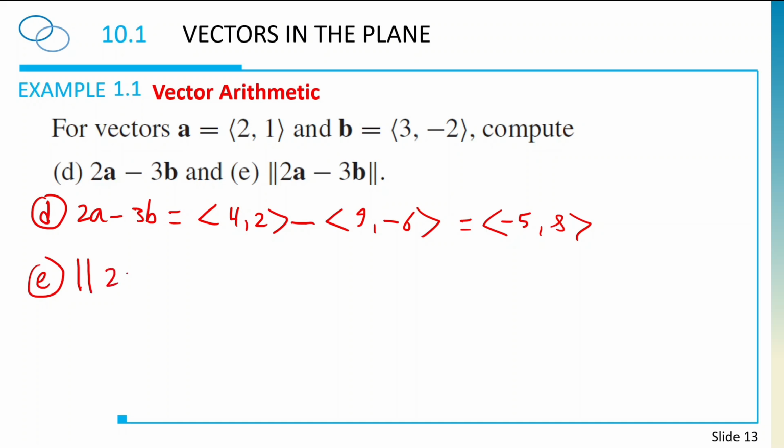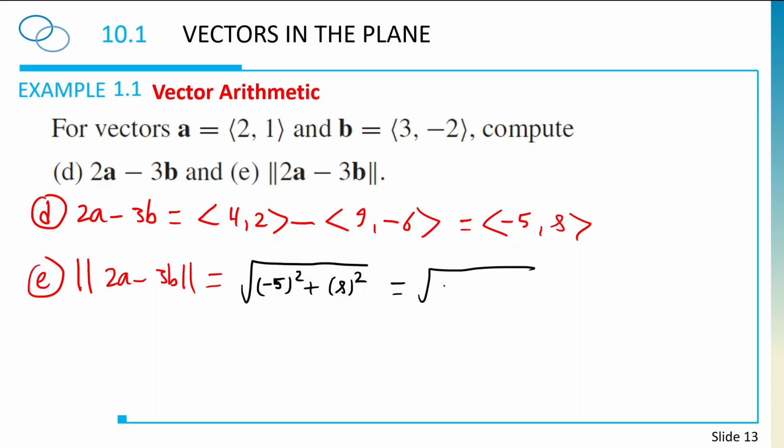So this is the magnitude of 2A minus 3B, which is equal to the radical of, see, this is the vector, so it's (-5) squared plus 8 squared, and this is equal to the square root of 25 plus 64, which is the square root of 89, and this is the magnitude of 2A minus 3B. Okay, so all the arithmetic is really simple.